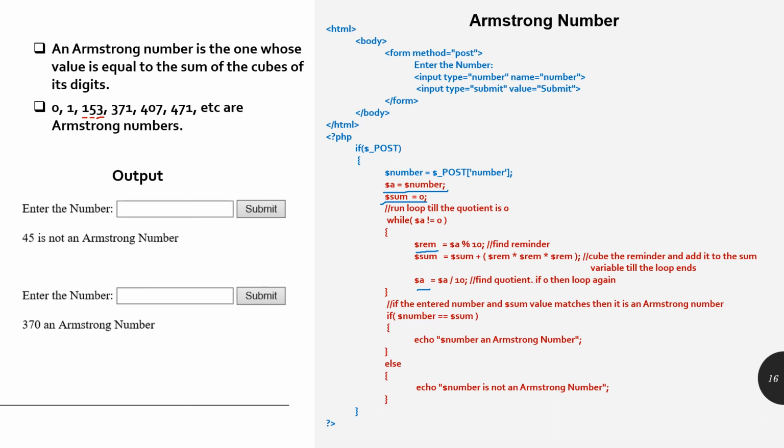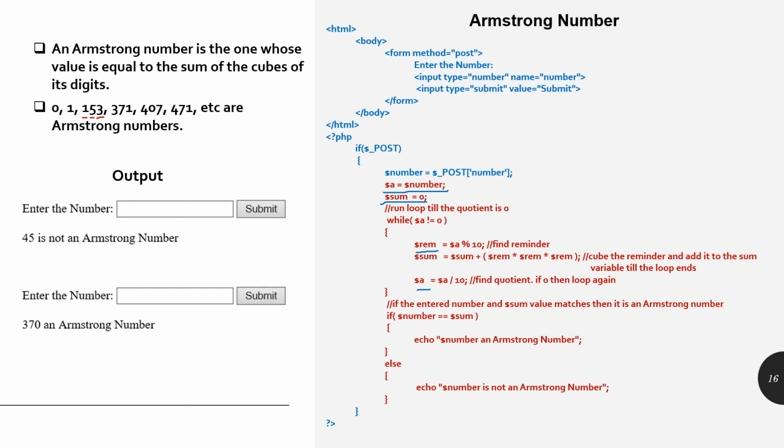Then 15 divided by 10 in the sense we will get 1, because it's an integer. Now we will get 1. 1 is not equal to 0.